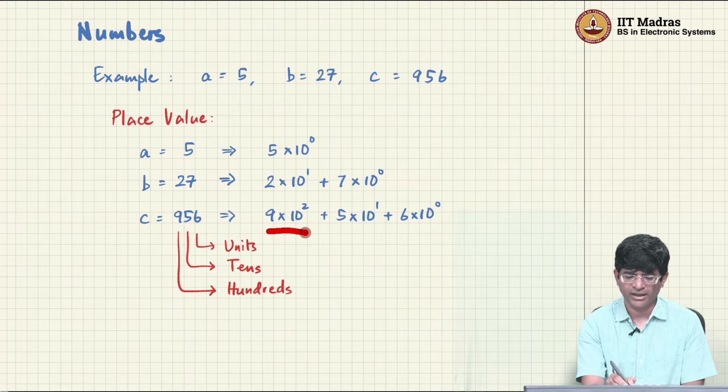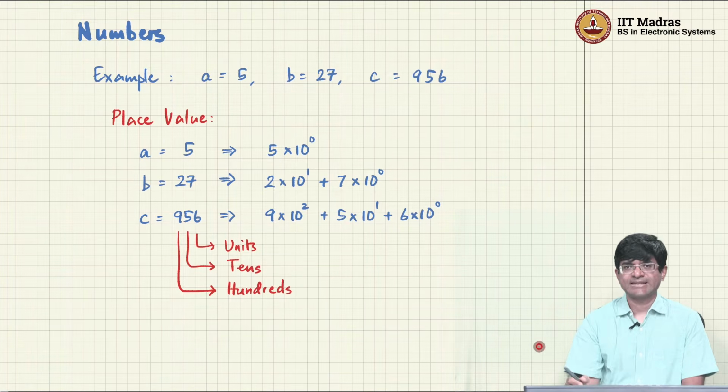So 9 into 10 power 2, 900, plus 5 into 10 power 1, 50, plus 6 into 10 power 0, 6, 956. This is the natural place value system that we use in order to represent numbers that we are all familiar with right from the start of school.